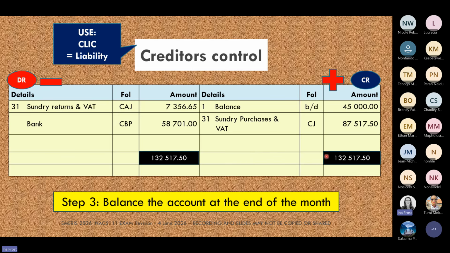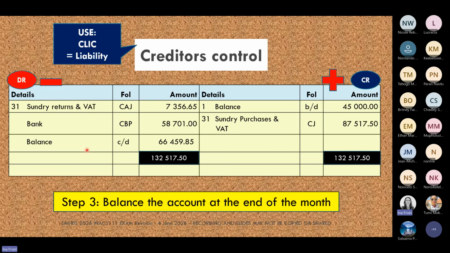Okay, so you can see my two totals are now on the same line, and it is the total of my credit side. Then I subtract from it the smaller side, which is the debit side in this example, and that then gives us the balance carried down. So the balance carried down is the difference between your bigger side and your smaller side.